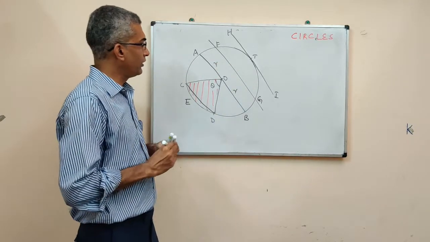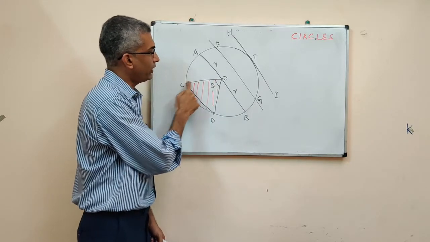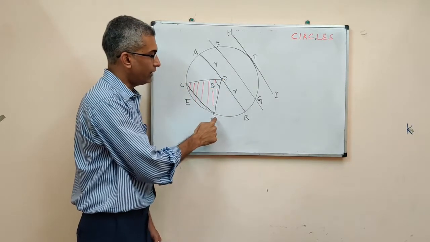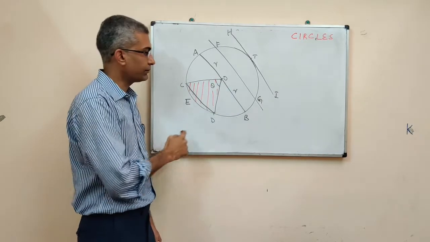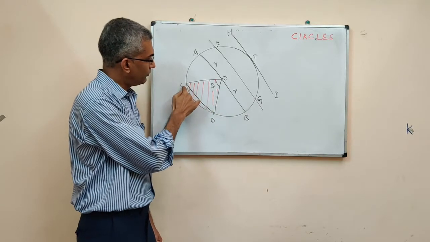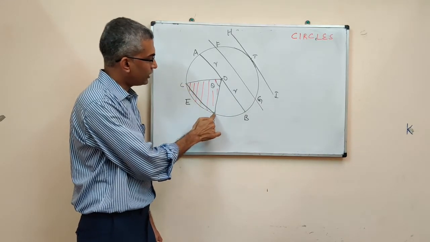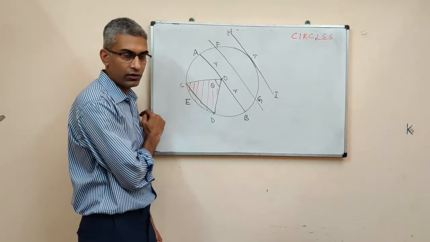Okay. Now here, when we join the point C to the center O and D to the center O, we get an angle COD. That is called the central angle. This curved shape CED is called an arc.